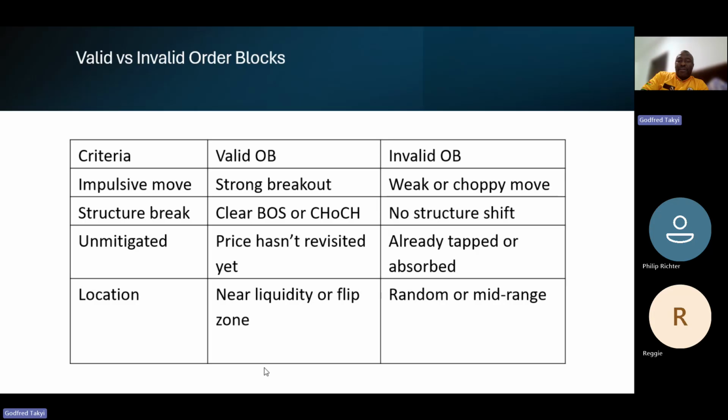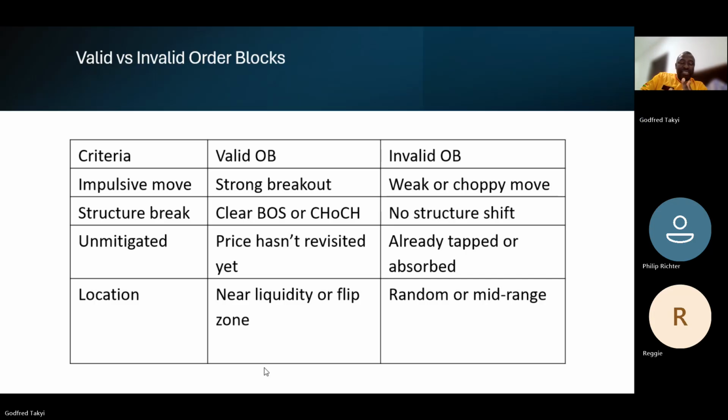So what are the criteria for a valid or invalid order block? When you look at the candle that you highlighted before the massive or aggressive impulsive move, the aggressive impulsive move should lead to a break of structure or a change of character. The zone you've highlighted should be what?